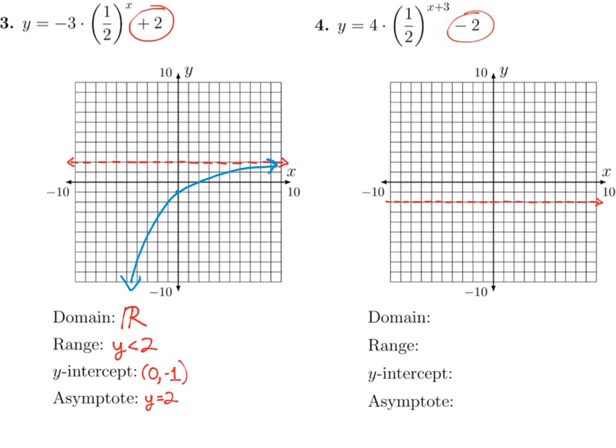Then if you plug in 0 for x, you end up at -1.5. There's the dot. There's the swoop to the asymptote. The domain is all real numbers. The range is all the numbers above -2. The y-intercept is 0, -1.5. And finally, the asymptote is y equals -2.